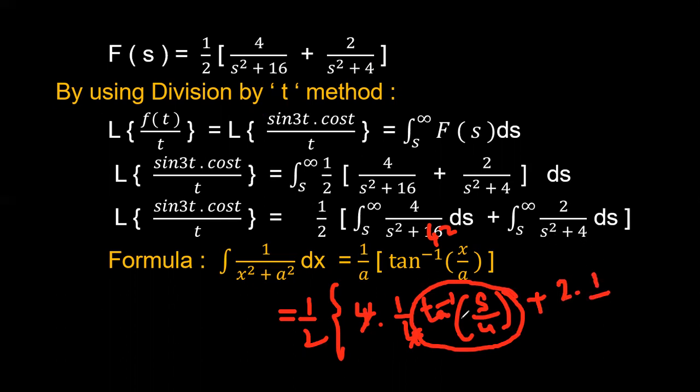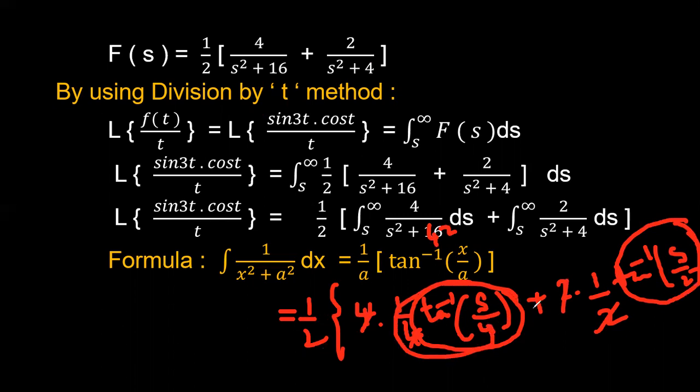So what is the a value? 1 by a, that is nothing but 2 tan inverse of s by 2. These two will get cancelled. Finally you will get tan inverse of s by 2. So what you will get is 1 by 2 into tan inverse of s by 4 plus tan inverse of s by 2, and the limits are s tends to infinity.